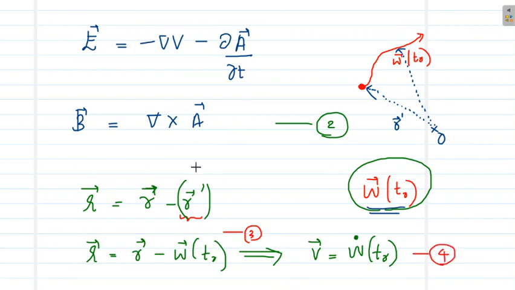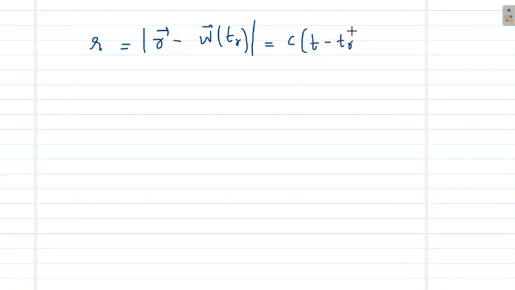Now, let me also define some more terms. We know the magnitude of the vector curly r is equal to the magnitude of r bar minus w bar of t_r, right? In the last derivations, we had seen that it is equal to c times (t minus t_r), because we defined t_r as t minus curly r by c.